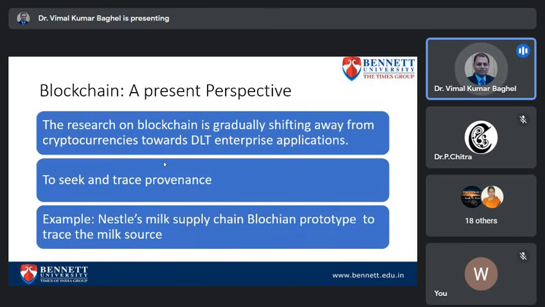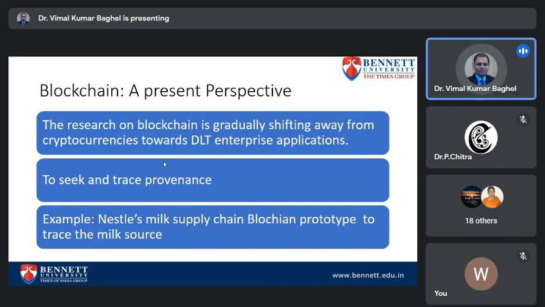All right, so we have covered something in detail about the blockchain. Now let us take a present perspective on the blockchain. The research on blockchain is gradually shifting away from cryptocurrencies towards decentralized ledger technology enterprise applications.